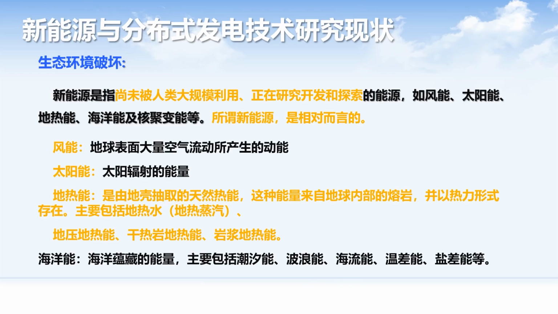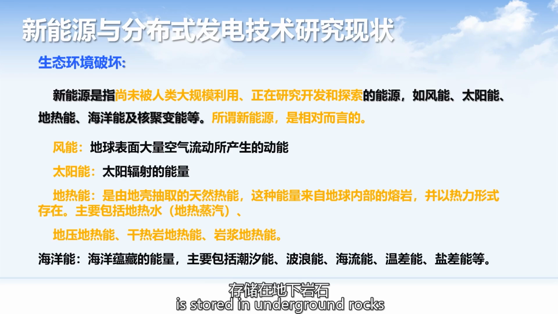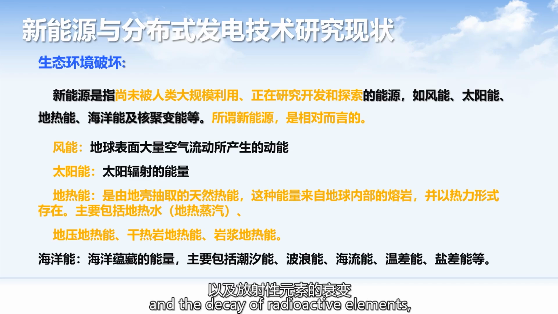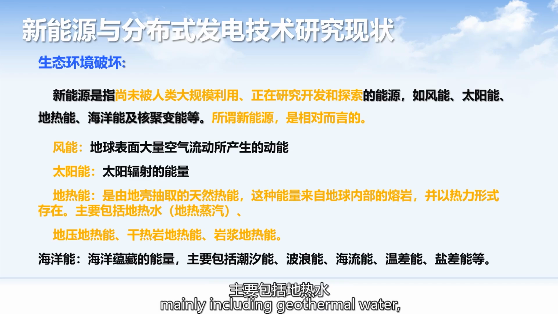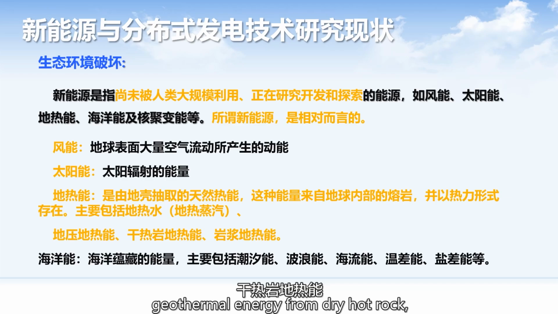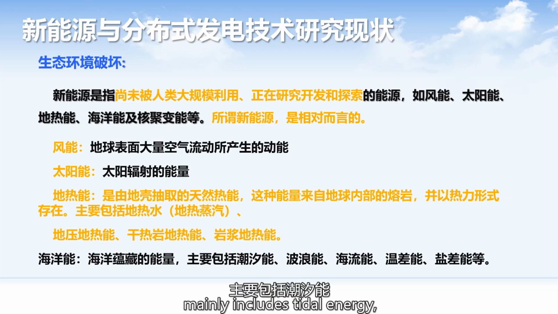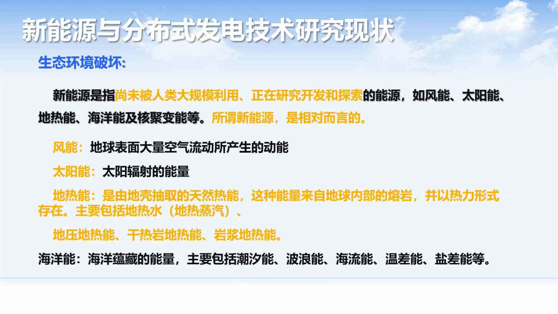Geothermal energy is stored in underground rocks and fluids and comes from high-temperature melt deep in the Earth and the decay of radioactive elements, mainly including geothermal water, ground pressurized geothermal energy, dry hot rock, and magma geothermal energy. The energy contained in ocean energy mainly includes tidal energy, wave energy, etc.